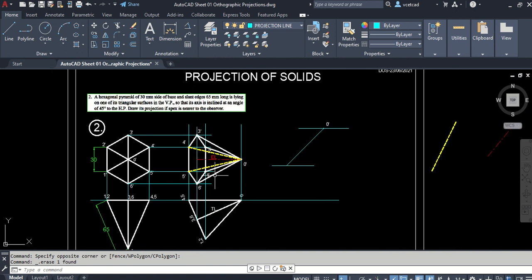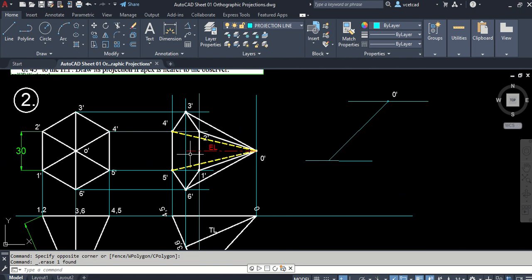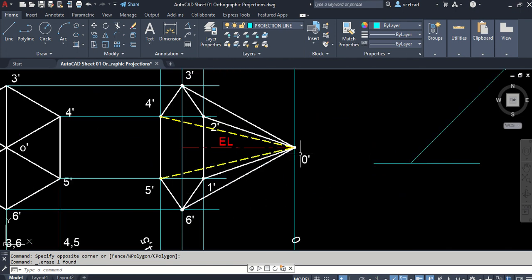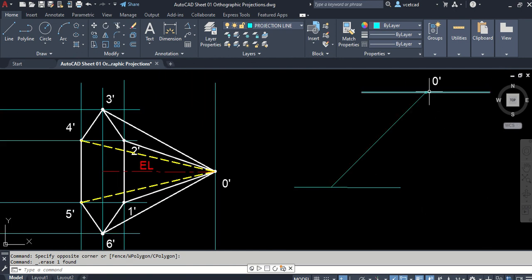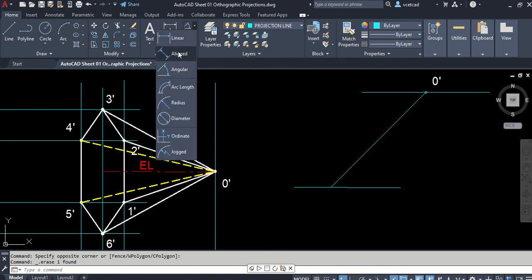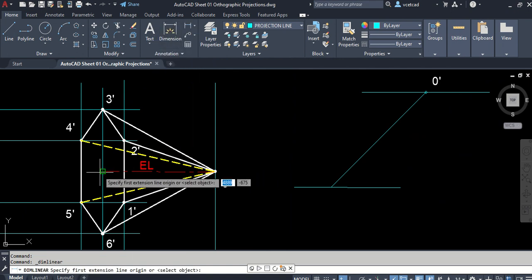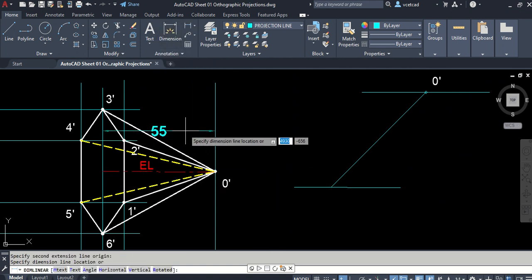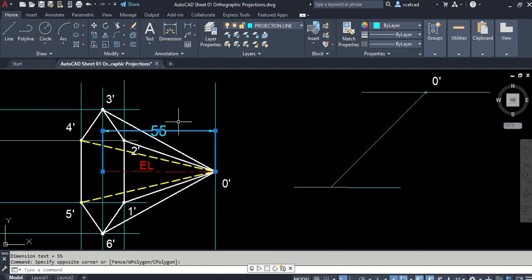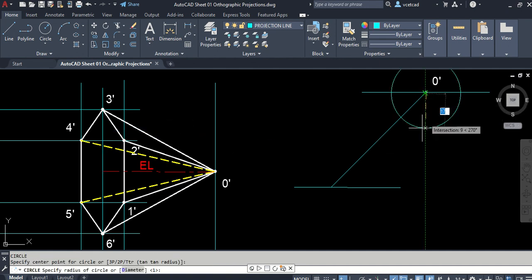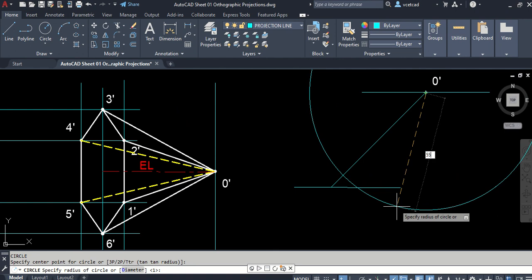Now you measure the elevation length. At present I will take the axis length, and you have to take this axis length in the compass and cut an arc from point O. For ease of drawing I'll just measure that length, but you can directly transfer those points with the compass. 55 millimeter it is, so I'll draw a circle of 55 millimeter.